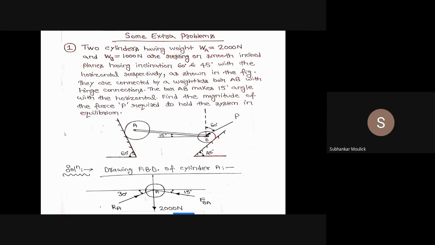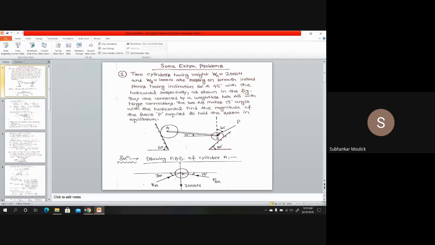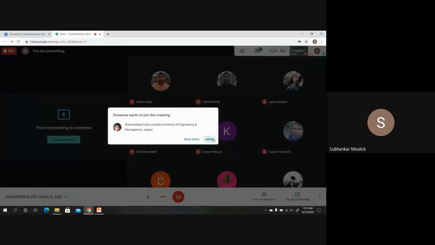They are connected by a weightless bar AB with hinge connections. The bar AB makes a 15-degree angle with the horizontal.